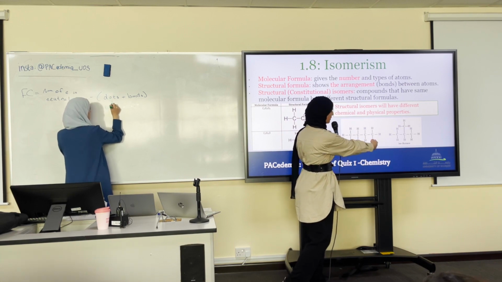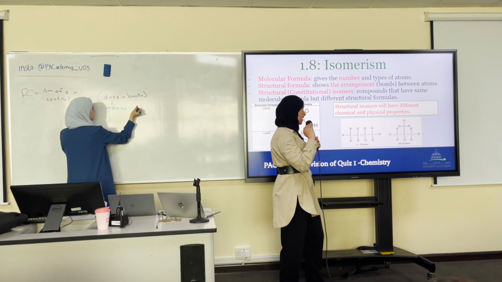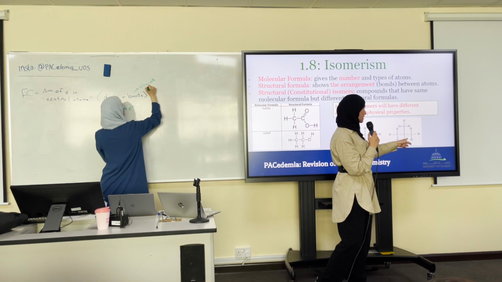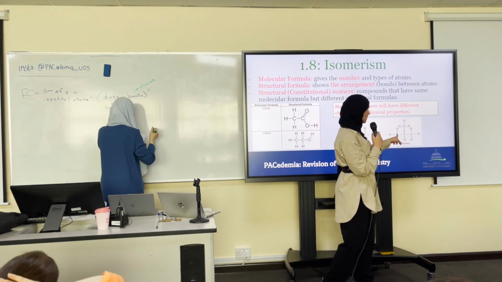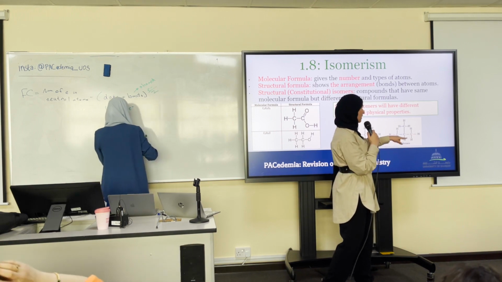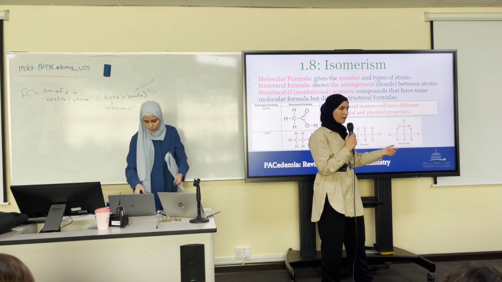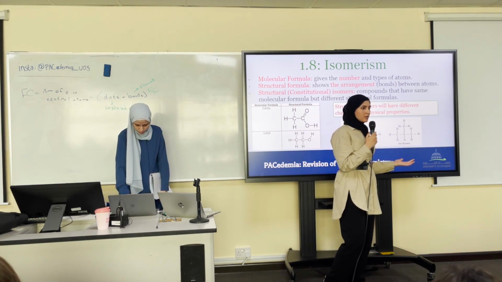The chain is the longest, and it is the original one. In isobutane, as you can see, this is not a butane anymore. As you can count, 1, 2, 3. This is propane. And since we have a methyl group, it becomes methylpropane. So methylpropane is also known as isobutane.